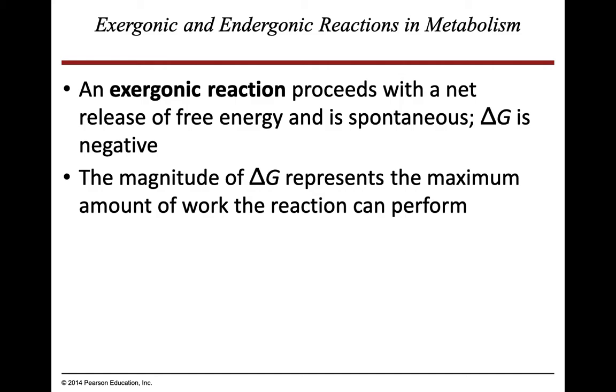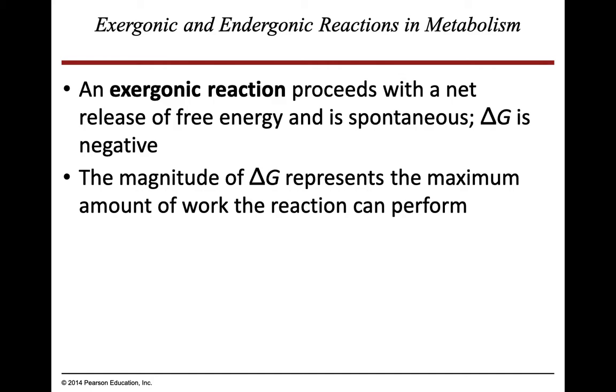So that brings us to exergonic and endergonic reactions, which I alluded to earlier. An exergonic reaction just proceeds as a spontaneous reaction, which means delta G is negative, and it generally means that energy is going to be released as heat to the external environment. This generally means that the outside environment will become warmer and also more random.